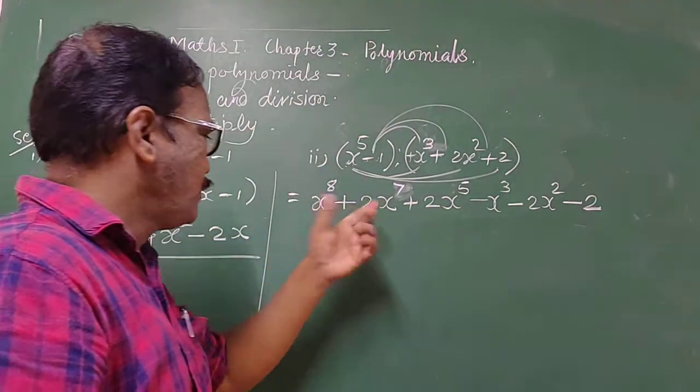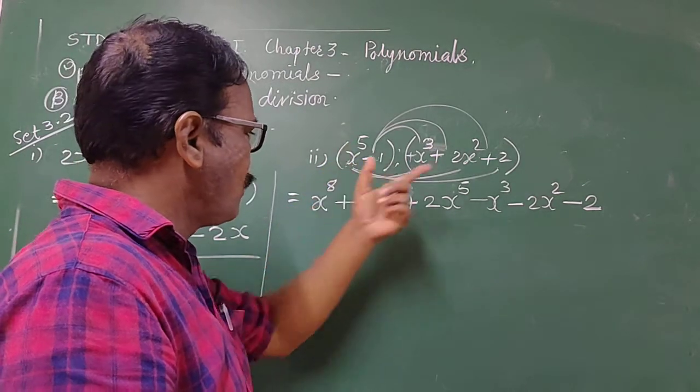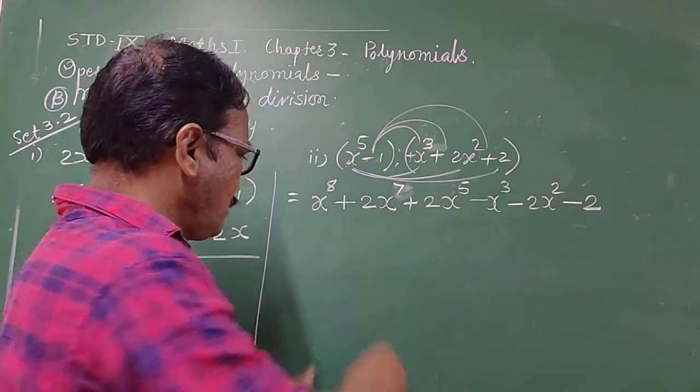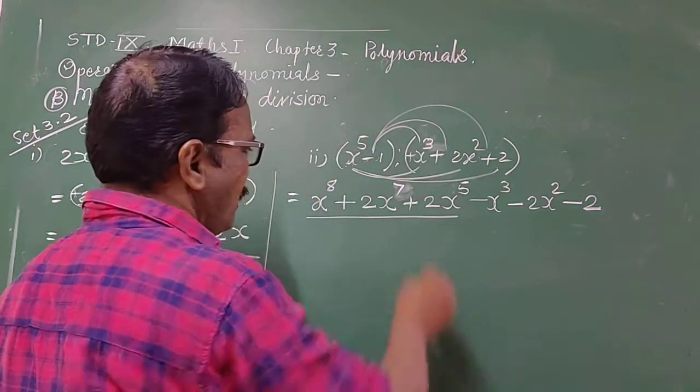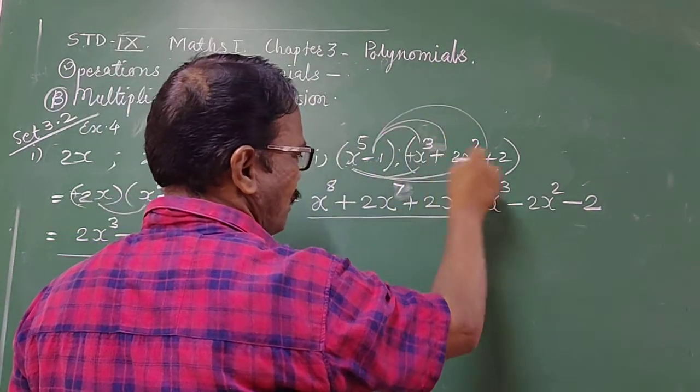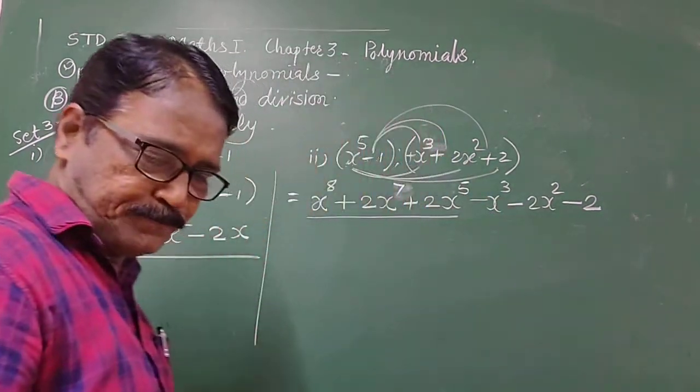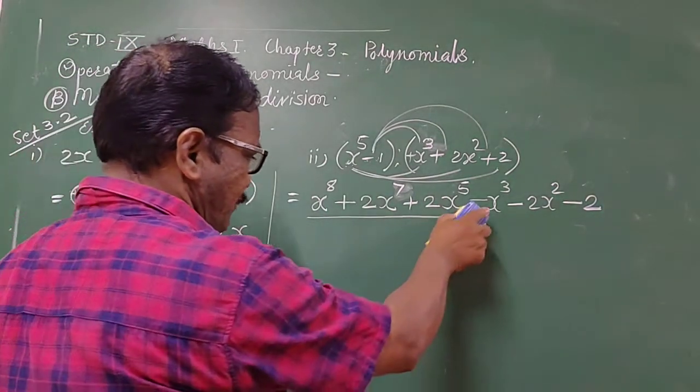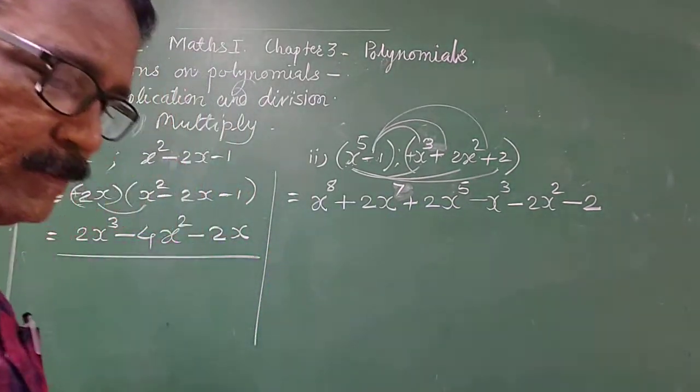First multiply x raised to 5 to each of the 3 terms, and by multiplying minus 1 we get another 3 terms. Then addition and subtraction we studied last period.